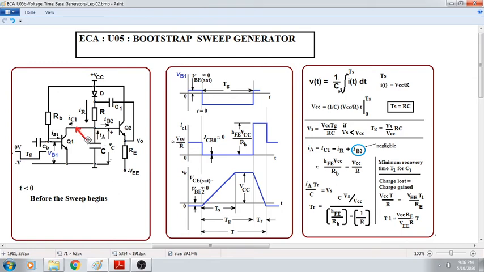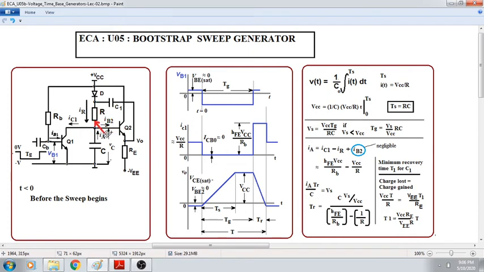IC1 is nothing but IR plus IA minus IB2. IA is negligible, IB2 is negligible. So IC1 must be equal to IR. Understood? The collector current flowing through Q1 before the sweep starts has to be equal to IR.